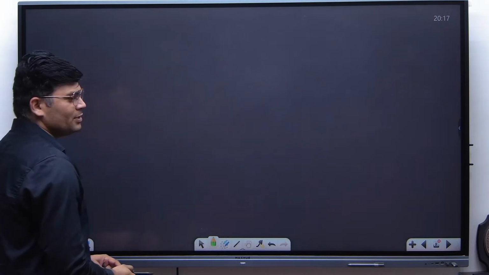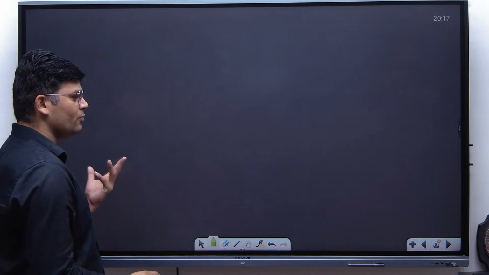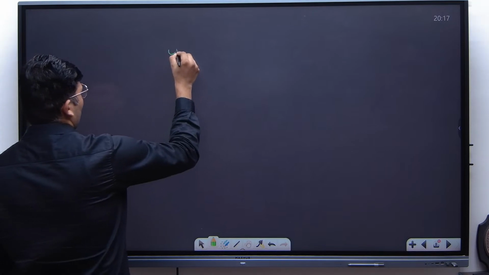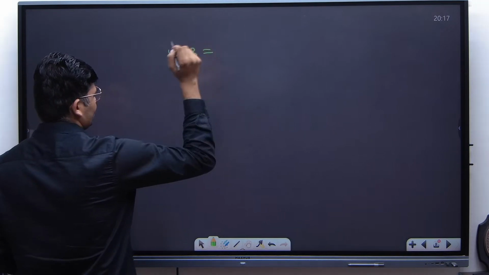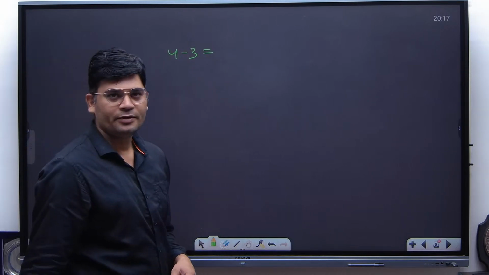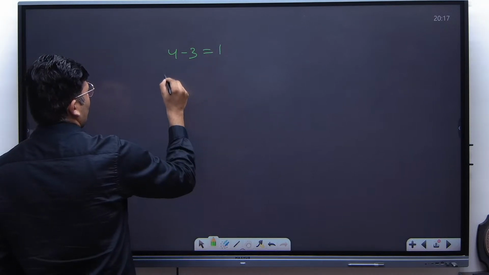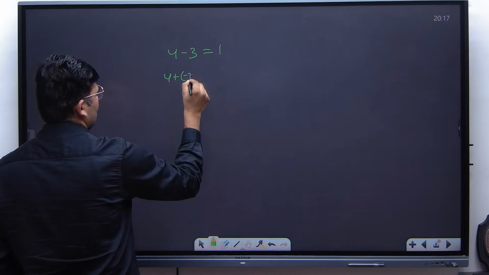So integers means we are going to subtract some numbers, add some numbers, and multiply some numbers. I am starting from a very basic question. What is 4 minus 3? What is 4 plus minus 3?